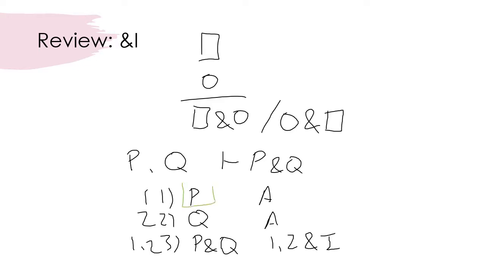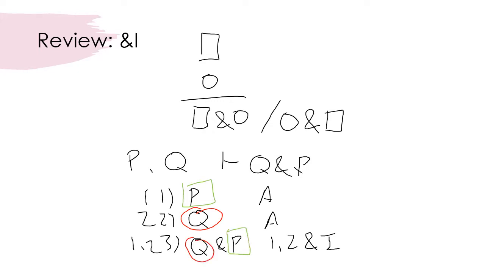So this P is like our left side here. This Q is like our right side there. And again, if we were looking to prove the opposite, so say that, we would just do the same proof, just rearrange them in order. Just like that.